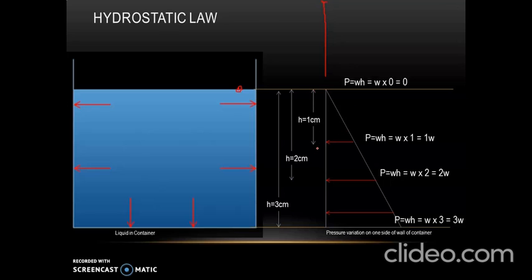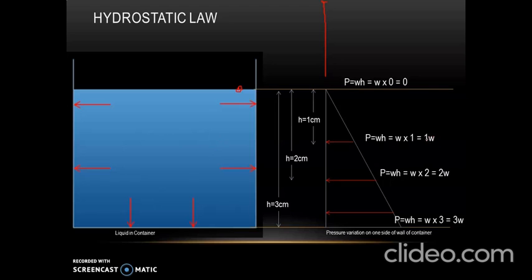Later, if we want to know what will be pressure at depth 1 centimeter, we will again use the same equation, that is P is equal to W into H. W here at 1 centimeter is the same, so we will take out W into height, which is 1 centimeter. So we will get it as 1 into W. If suppose the liquid under consideration is water, we need to substitute specific weight of water.